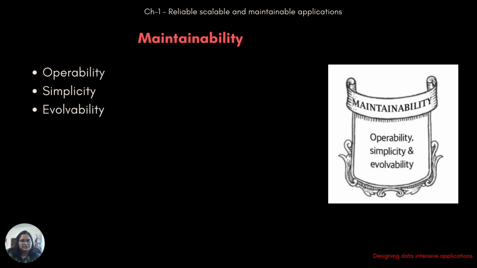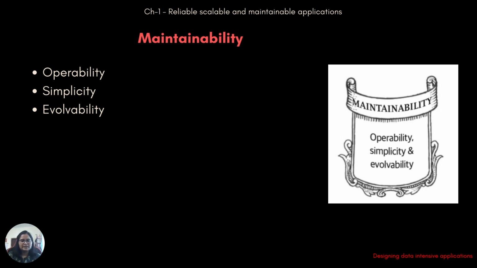To minimize the pain during maintenance, we can pay attention to three design principles of software systems: operability, simplicity, and evolvability. What is operability? Operability makes it easy for operation teams to keep the system running smoothly.